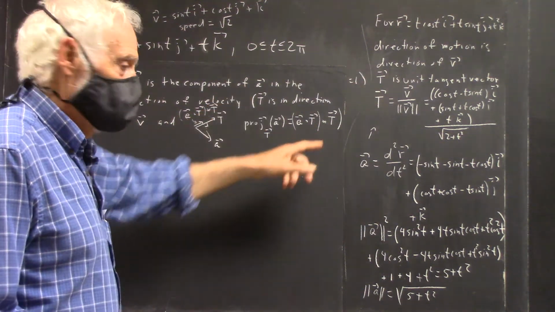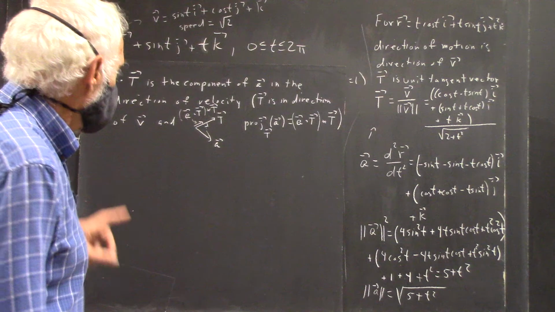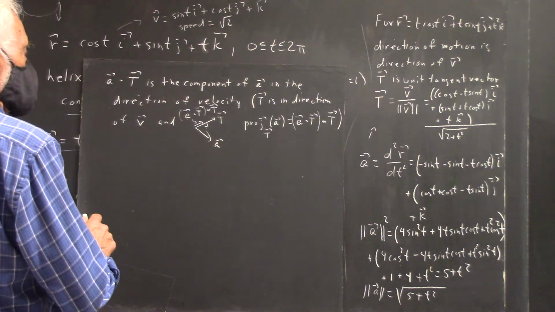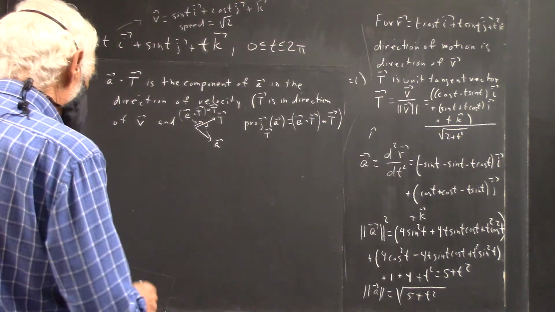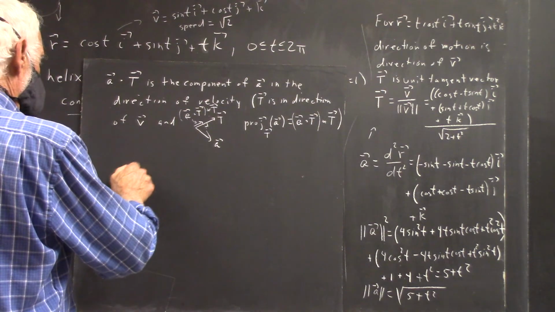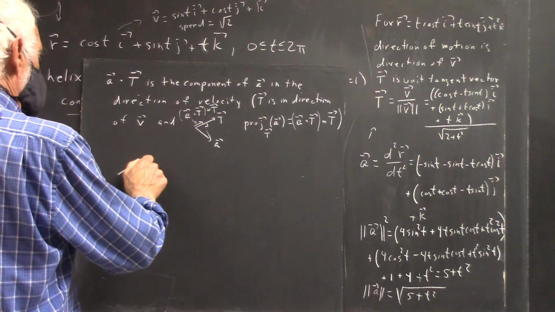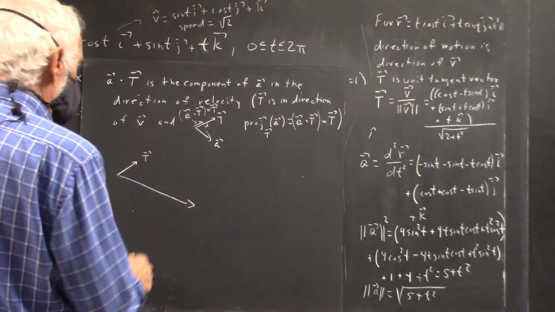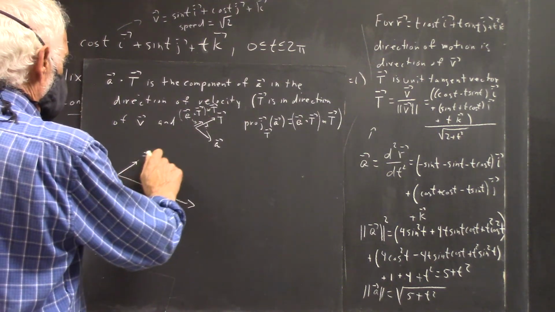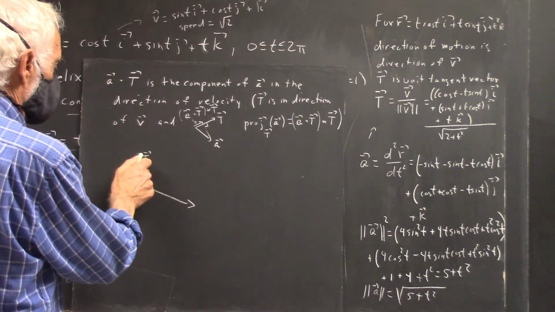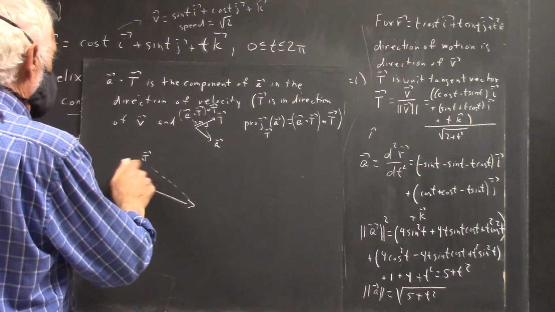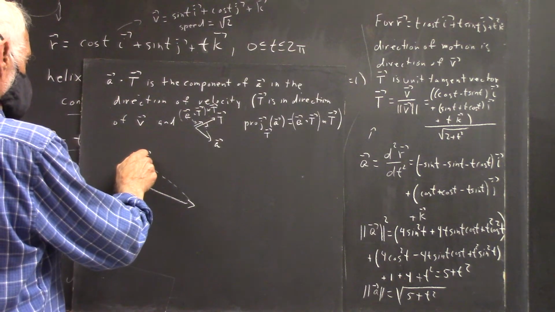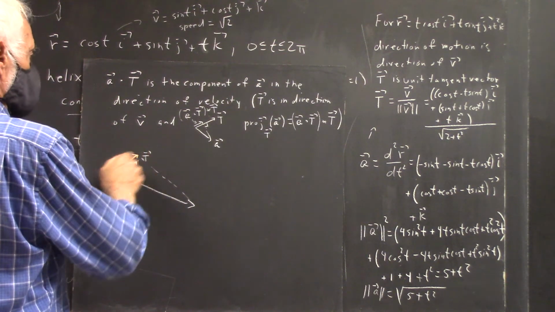So anyhow, there we have it, the component of acceleration along the unit tangent vector. Now, this picture, you also have another component. So I'm going to do this again. Here's your unit tangent vector, and let's draw it a little bigger so I can label it. We extend this vector, and here's this.